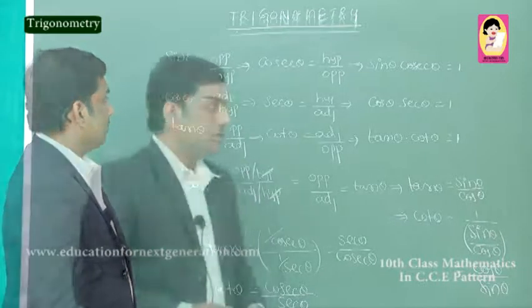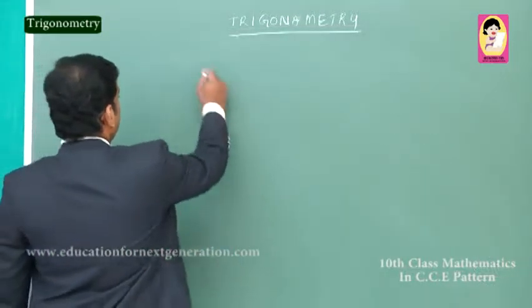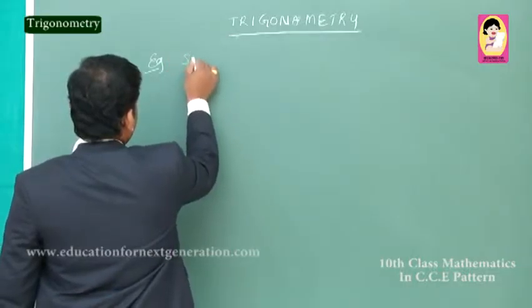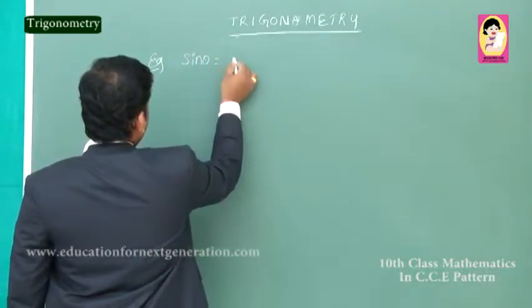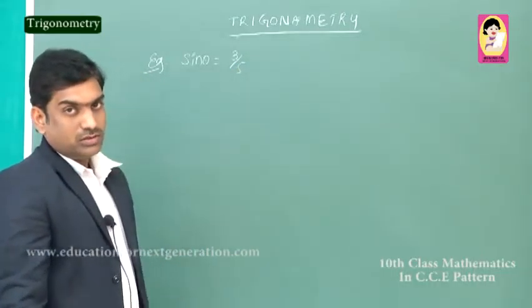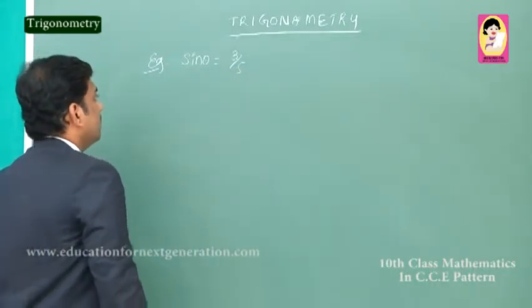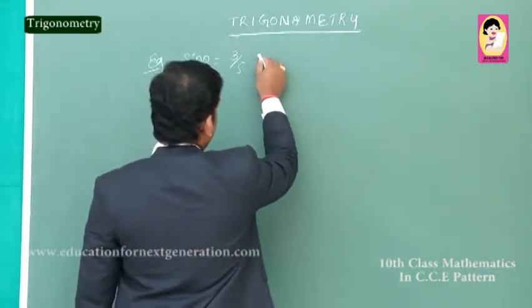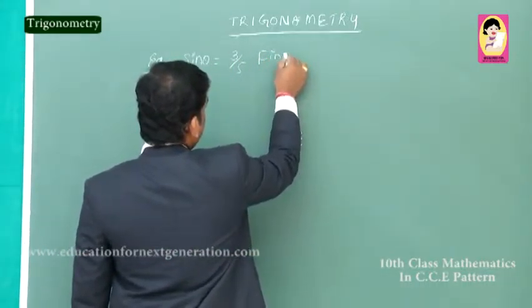Okay. We will see some examples. Suppose we are given sin theta is equal to 3 by 5. Then we need to calculate the remaining trigonometric ratios.